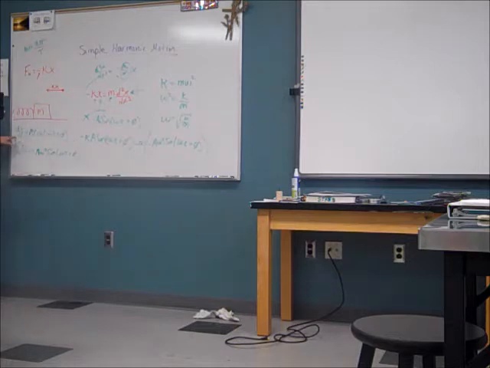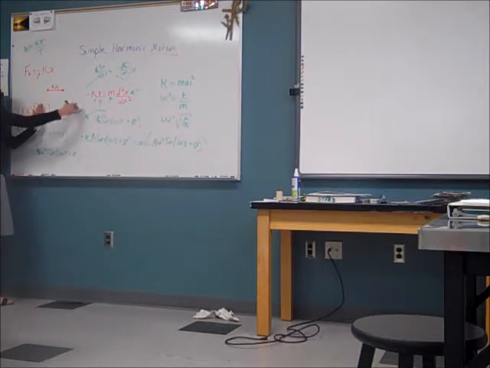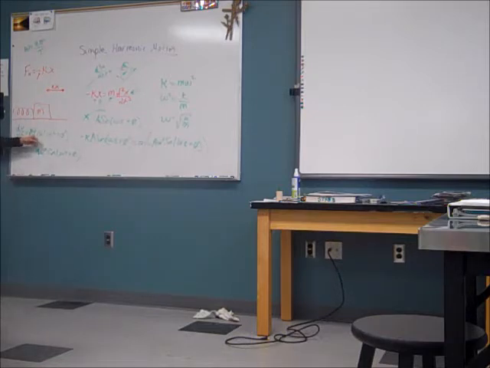Which means your velocity, or the derivative of your position, is cosine, which is always at a minimum when sine is at a maximum. So sine is at a maximum when you pulled it all the way out or it's reached the endpoints of its motion. Sine is at a maximum, cosine is at 0, right? When I say minimum, I mean absolute value minimum.